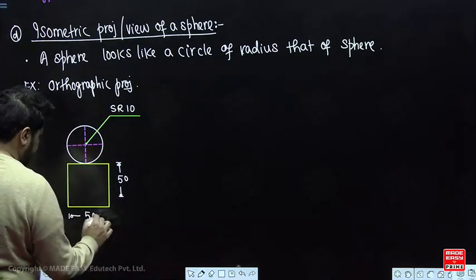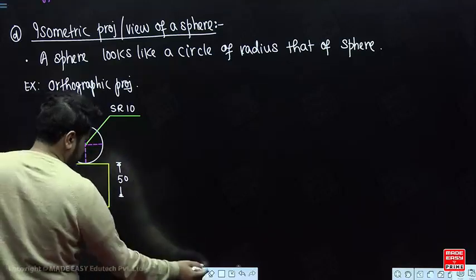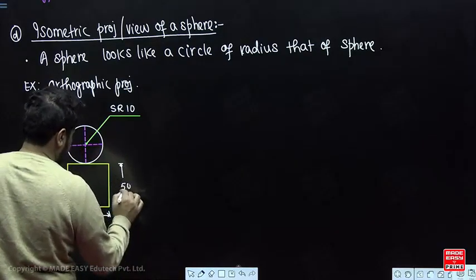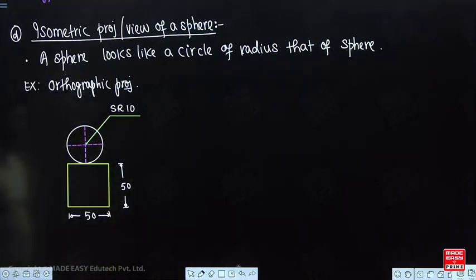Let us say this is also 50, because right now I have a square, a cube. Let us take this to be isometric. So I have to draw the isometric projection and isometric view of this particular object, right? Draw till here.